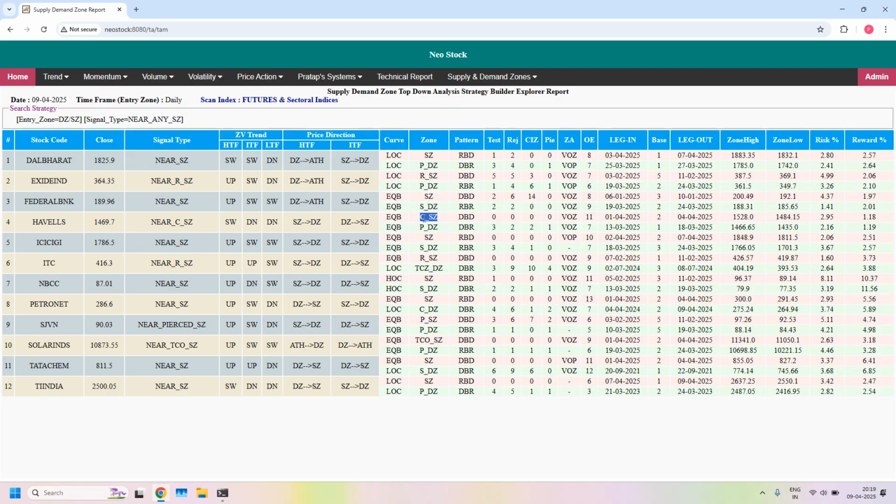Havells is having a daily high liquidity supply zone. ITC is having a daily high liquidity supply zone. That's it. We identified 3 daily high liquidity supply zones from this list.